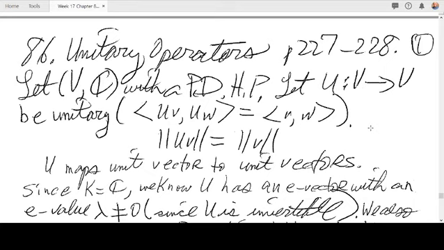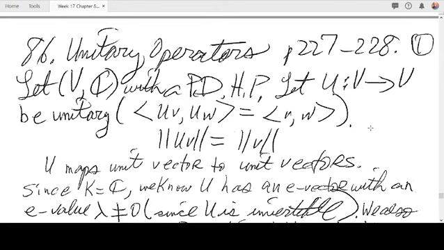Remember the definition of a unitary operator. It preserves the scalar product, and it also preserves the norm of the vectors. And remember this, a unitary operator maps a unit vector to a unit vector.